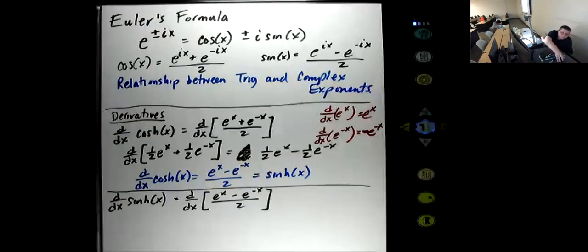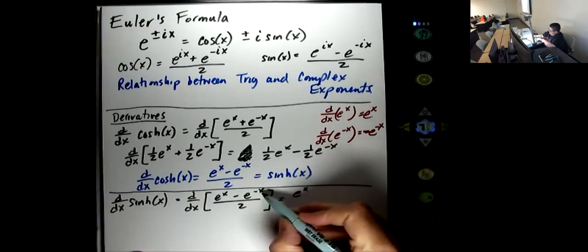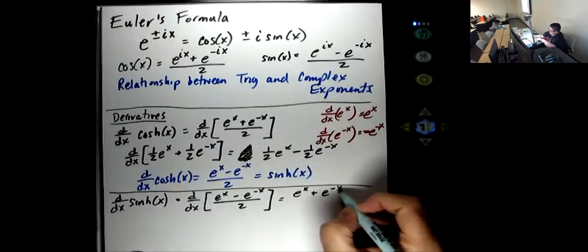A little bit longer. You should get e to the x, and then the negative from the e to the negative x comes down and cancels out the negative out front, plus e to the negative x over 2.